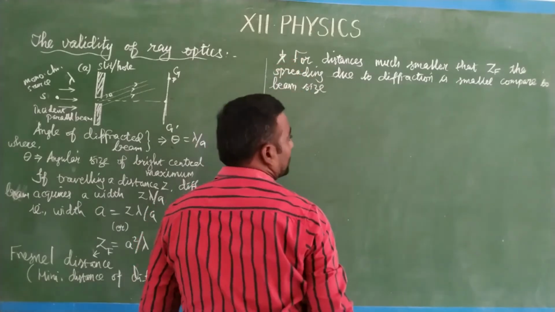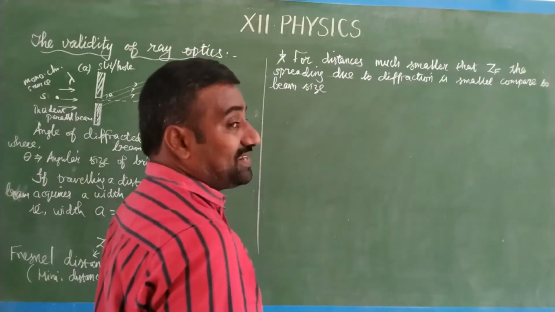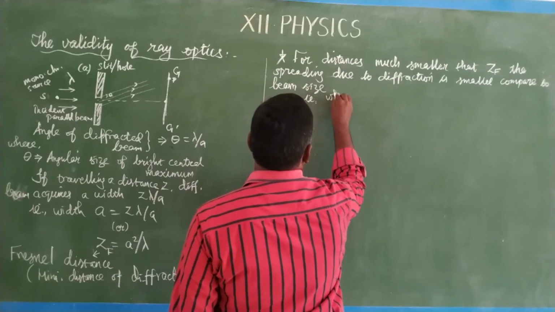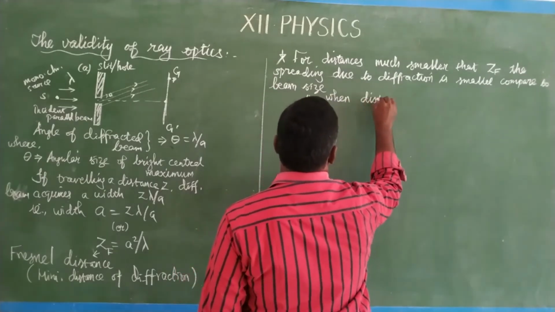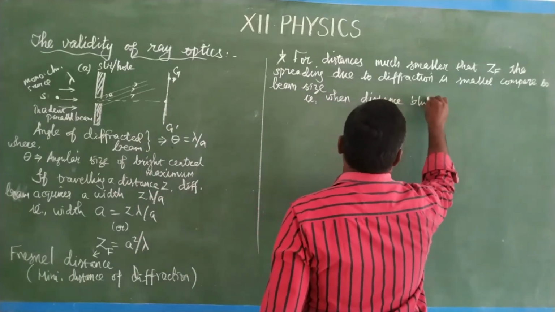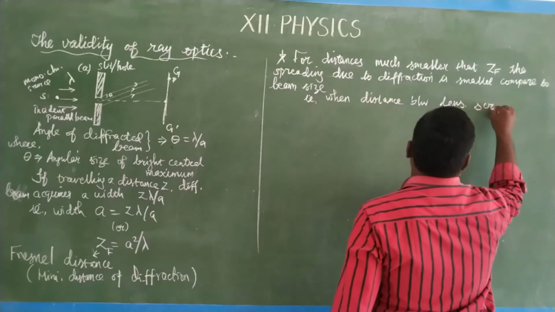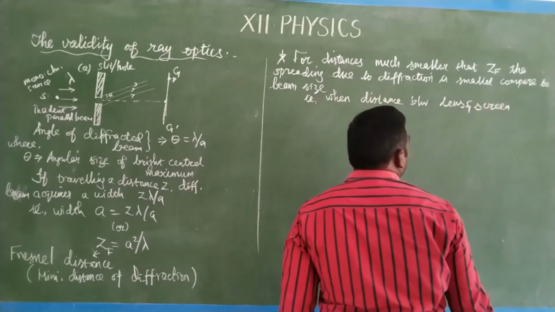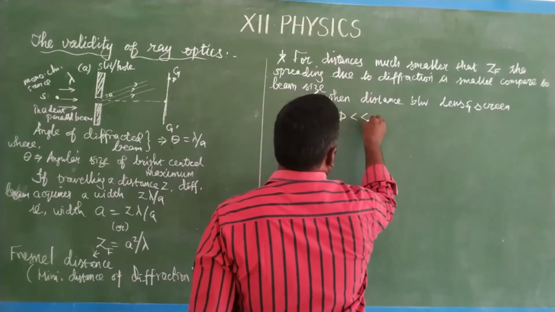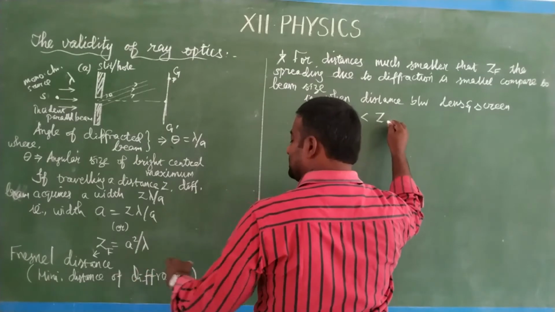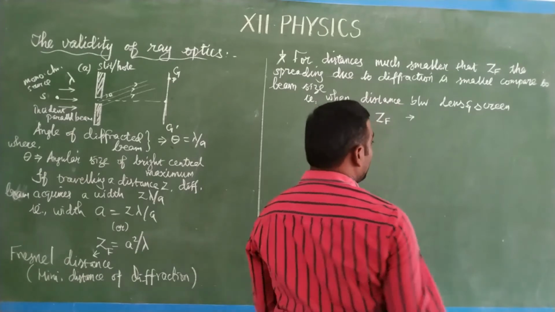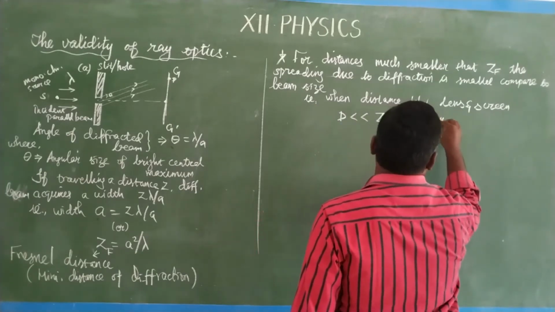This is one case. So we can say that when the distance between lens and screen is much smaller than the minimum distance of diffraction, that is ZF, ray optics is valid.